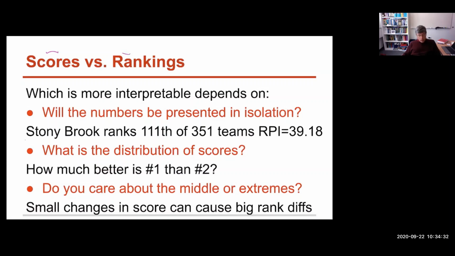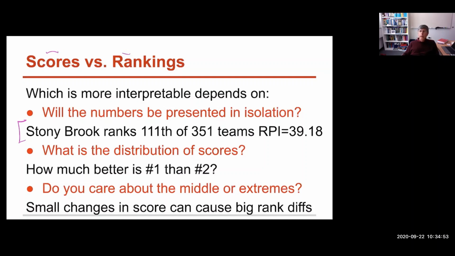When I did this slide, there was a measurement of the quality of a basketball team called RPI. Stony Brook at that point ranked 111th among 350 teams in college RPI, with an RPI of 39.18.